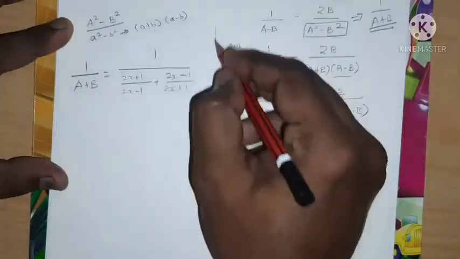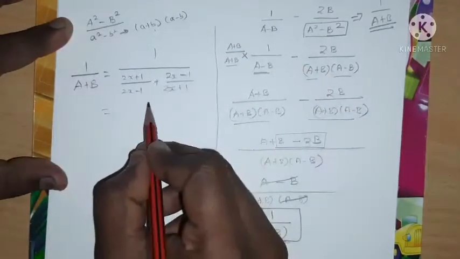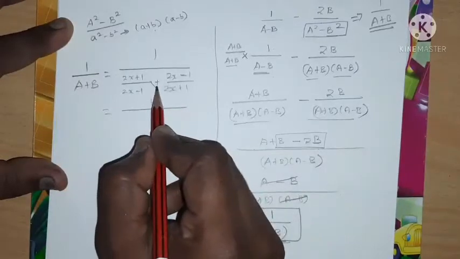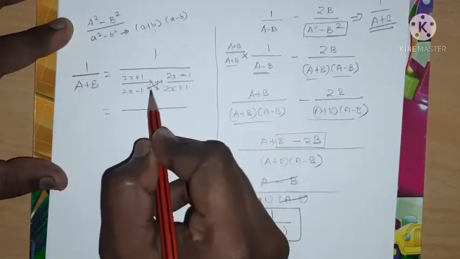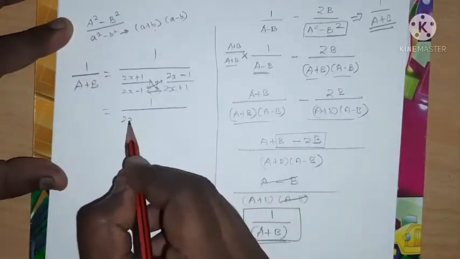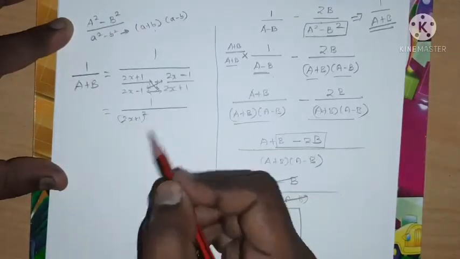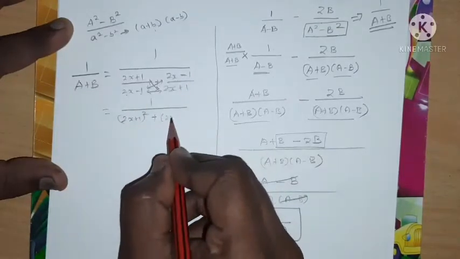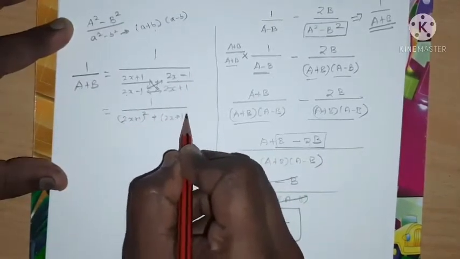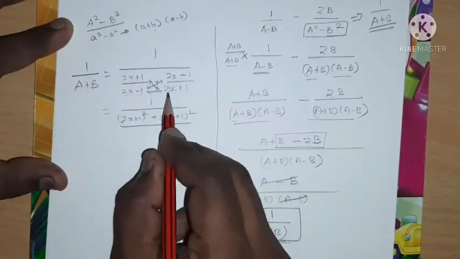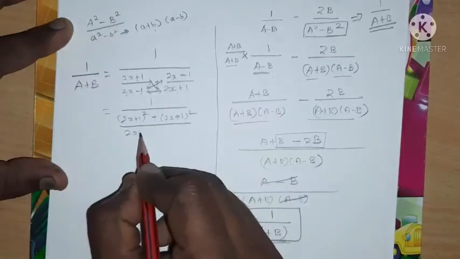Now look, so 1 divided by, we need to do the cross multiplication, right? So (2x + 1) into (2x + 1), so (2x + 1) whole squared, plus (2x − 1) into (2x − 1), (2x − 1) whole squared, divided by (2x − 1) into (2x + 1).